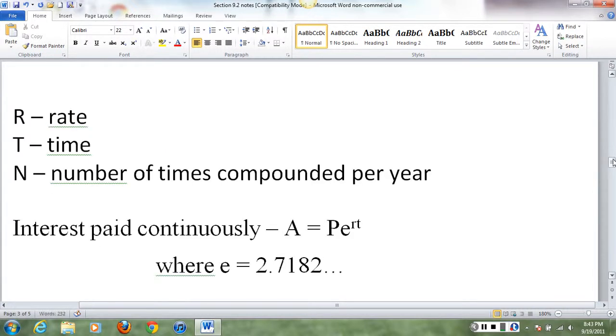And then taking that further, is there another formula that we can use? Our continuous compounding formula. So if it's told to us that the interest compounds continuously, and it will use that specific phrase, compound continuously or continuous compounding, we use our A equals P e to the RT power formula.